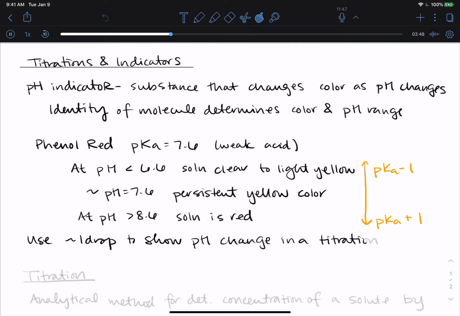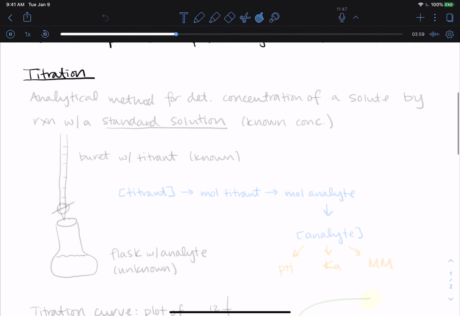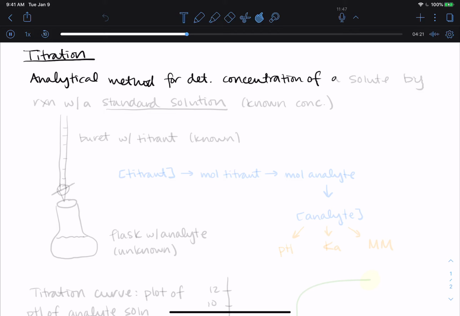So let's talk about what an actual titration is and what the setup looks like. Now, second semester Gen Chem Lab is just chock full of titrations, and they are an analytical method for determining the concentration of a solute by reaction with a standard solution.